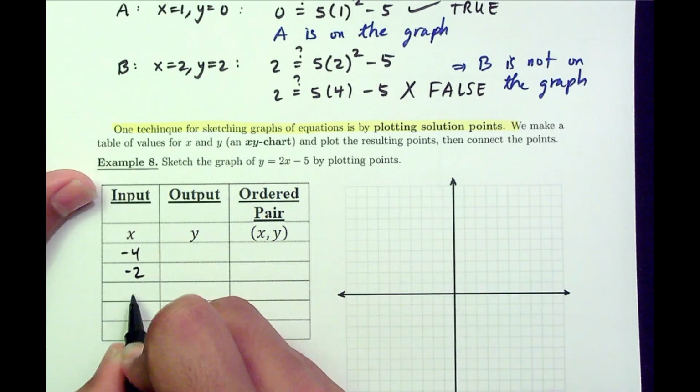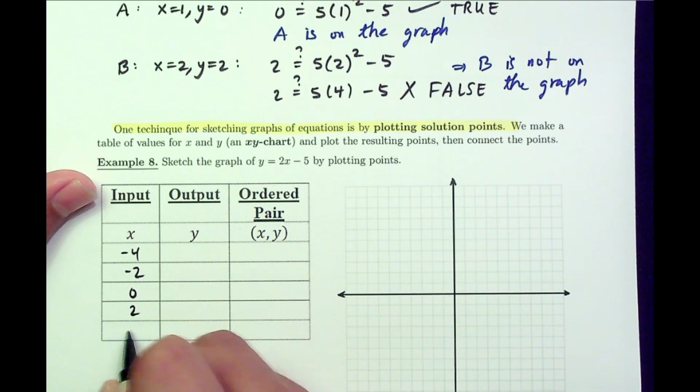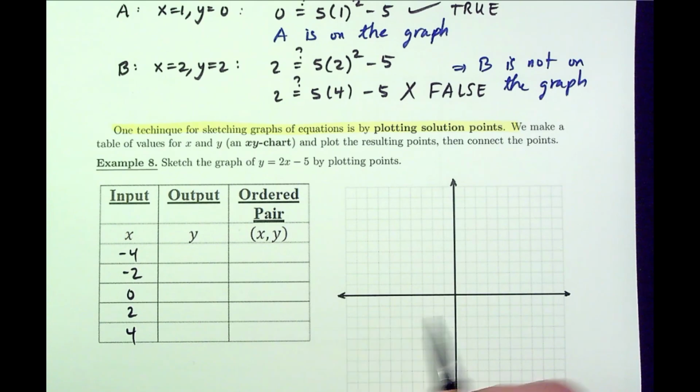Let's go by 2s. 0, 2, and 4. These could be random numbers, okay? You don't have to go by a specific difference. So use any numbers you want. I choose 2 negatives, 0, and 2 positive ones.